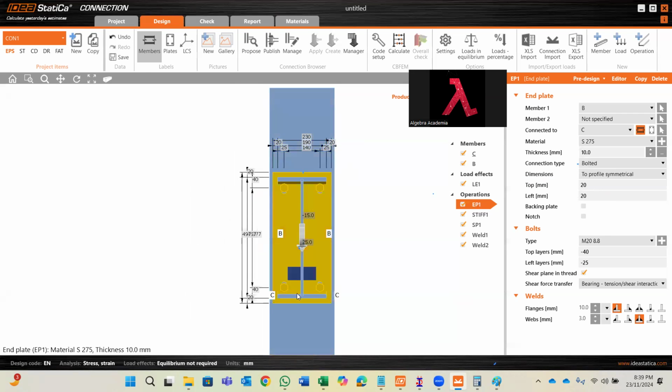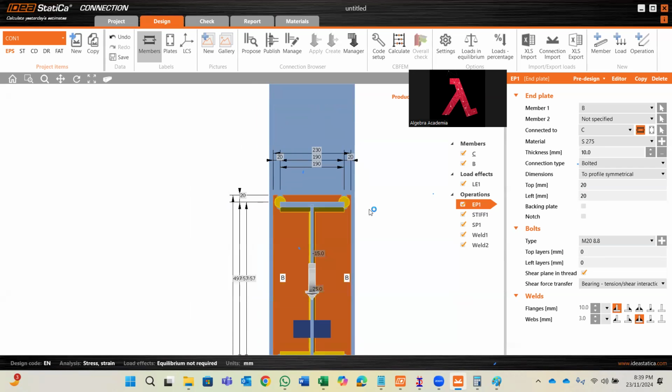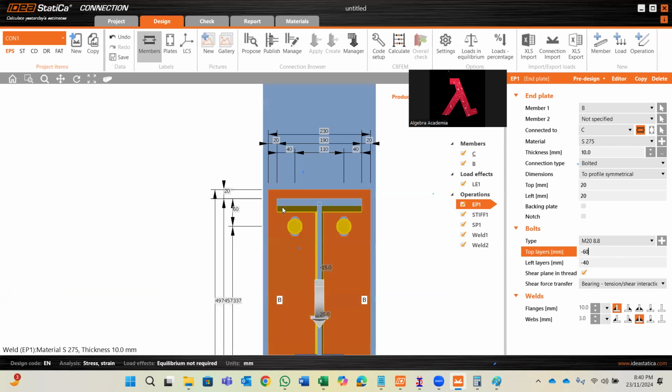I'll just extend 20 millimeters all around. Then I'll adjust the base plate edge distance. The edge distance will be 40 millimeters from the section. Not from the top section, actually. Take it as 60, considering the flange thickness as well. Okay, fantastic. And this 20 millimeters, this is from the section.